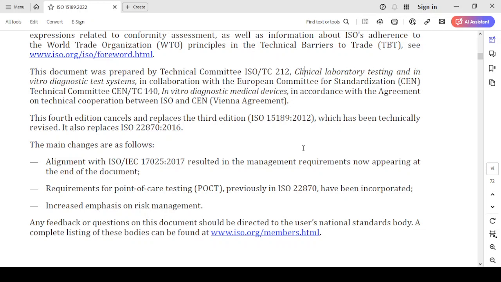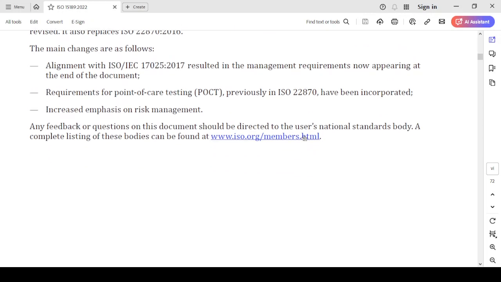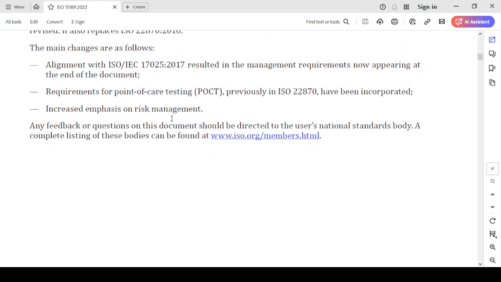Okay, the CEN workshop, or it is called the CEN committee. So these ones also give input into the ISOs as they are being developed. I hope we are together up to this point.